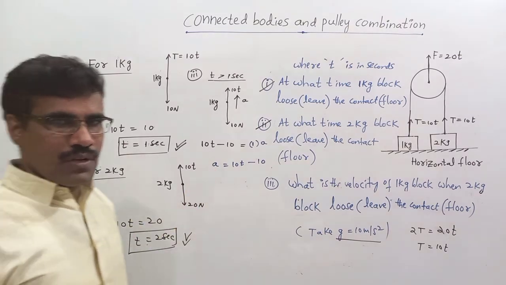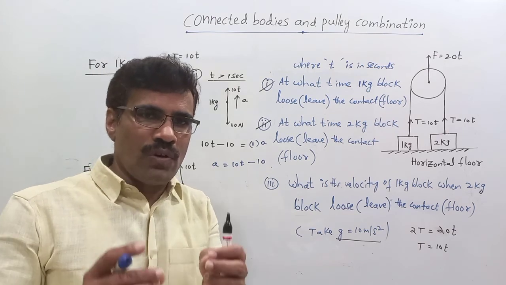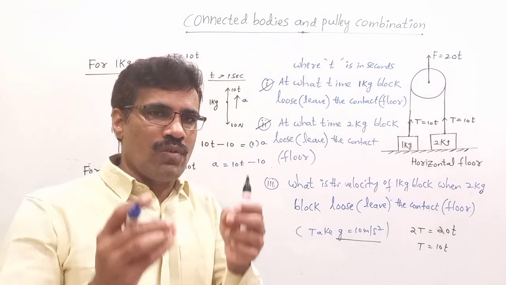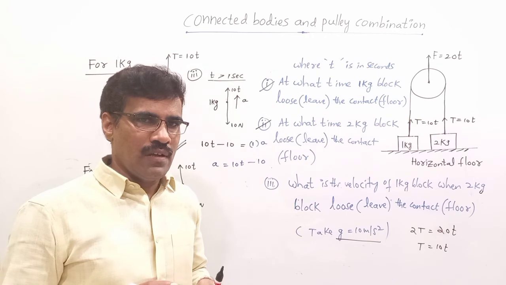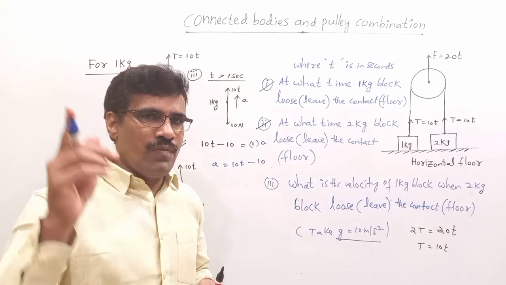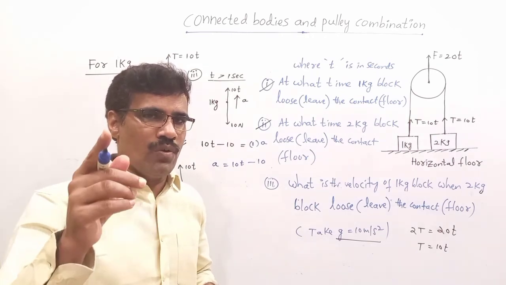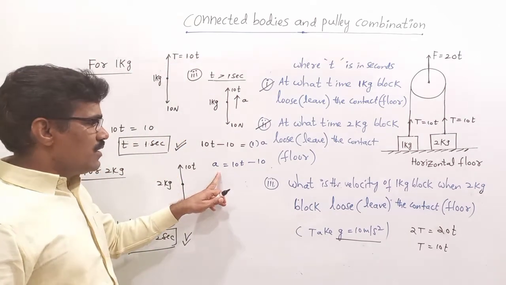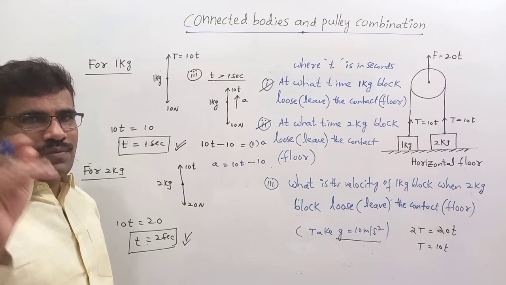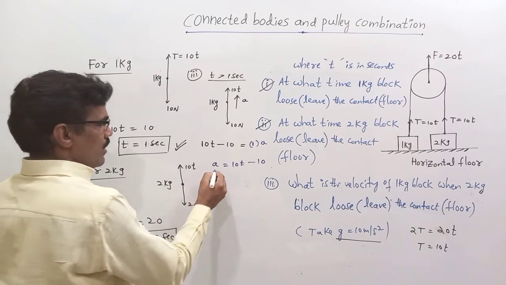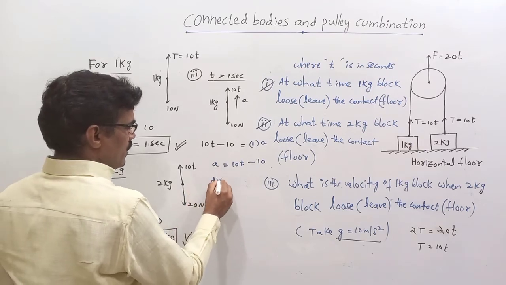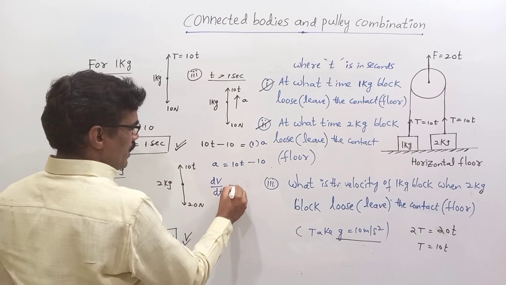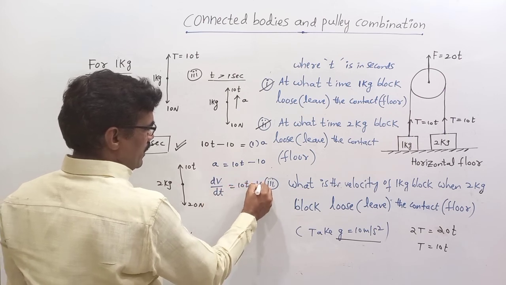For a variable acceleration, don't use v equal to u plus at. That is for uniform acceleration. But here, this is the variable acceleration, so don't use that formula. Here a means dv by dt. dv by dt equal to 10t minus 10.